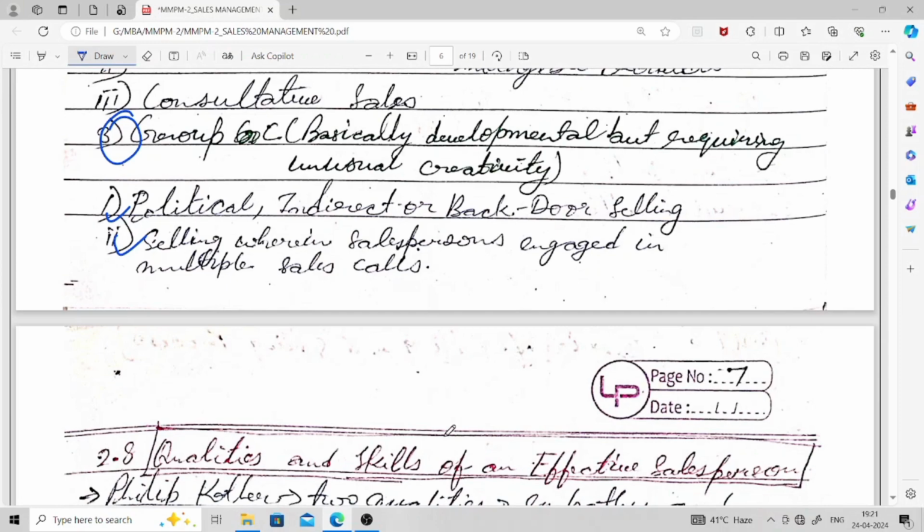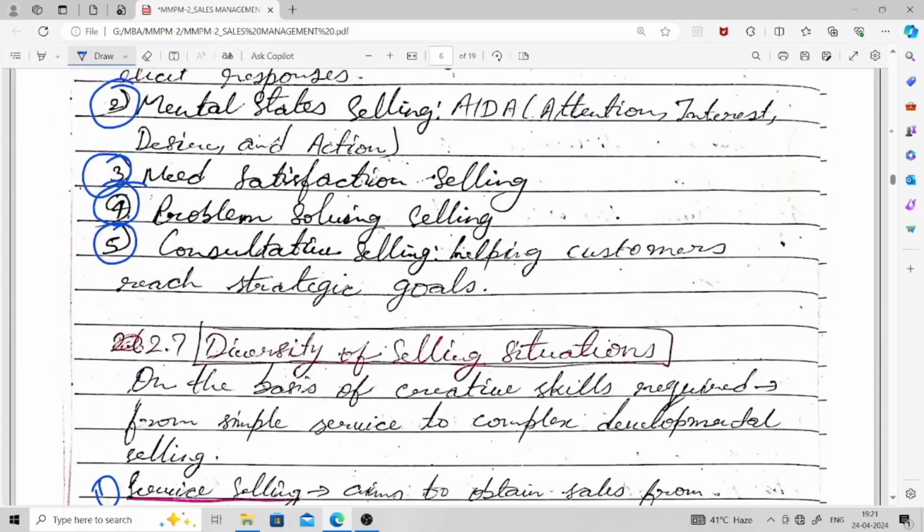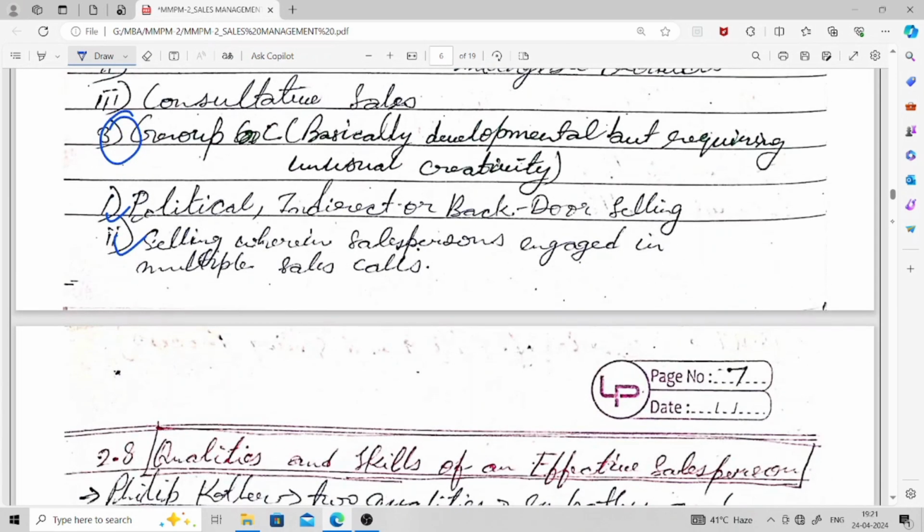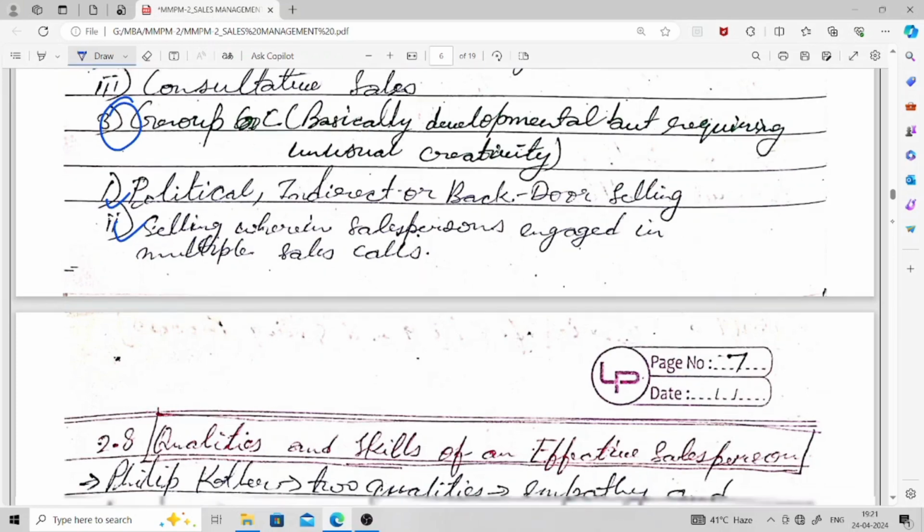So these were the three selling situations: first, service selling; second, developmental selling; and third, developmental selling but requiring unusual creativity.